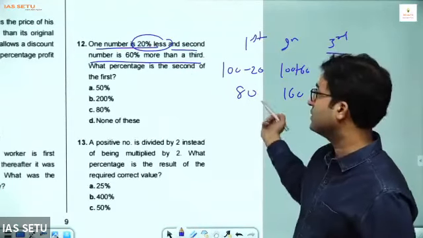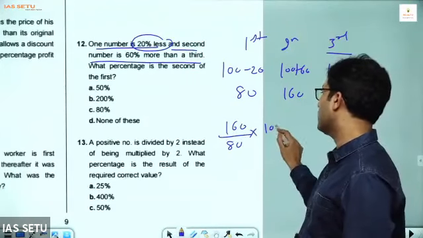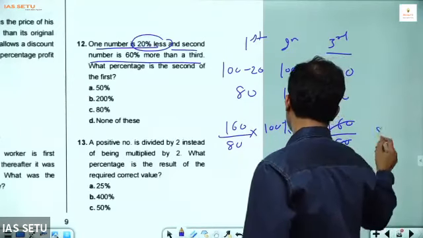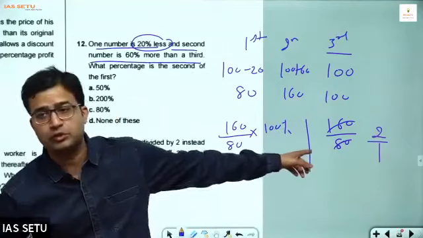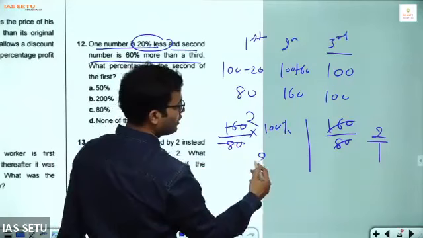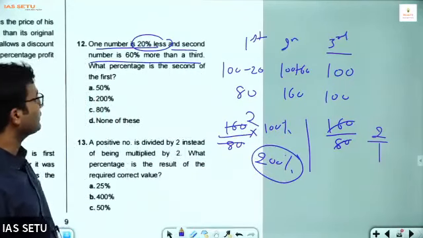It is asked what percentage is second of first, 160 of 80 into 100%, or 160 upon 80, you get 2 by 1. It is not 2%, 1 by 1 is 100%, so the fraction value 2 by 1 is 200%. Or this is 2 into 100, 200%. This is 200%.